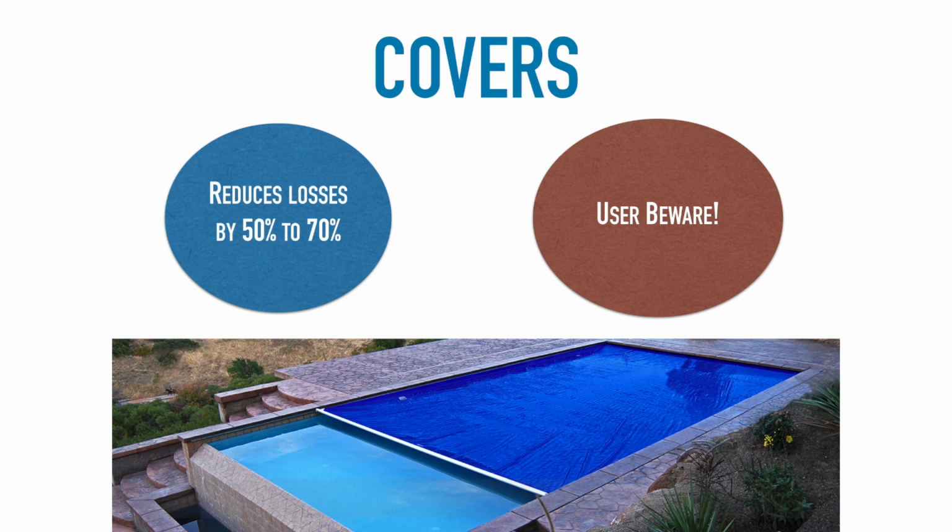So if you are backed into a corner and you really need to save some money on energy costs, here's what I recommend you do. If your property's liability insurance policy will allow a cover in the first place, I recommend that you put it on the moment the pool closes and has everybody out of there. Make sure you put it on, and it will save you a lot of money during that closed period.